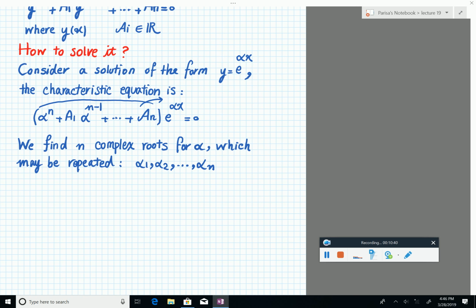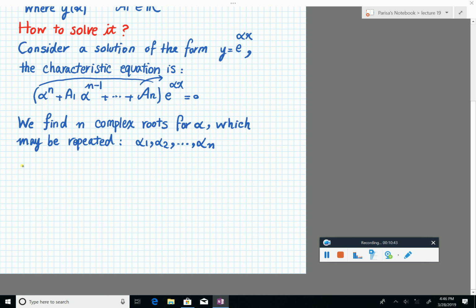So suppose alpha sub k, one of these roots, has multiplicity m, which should be less than or equal to n, an integer.